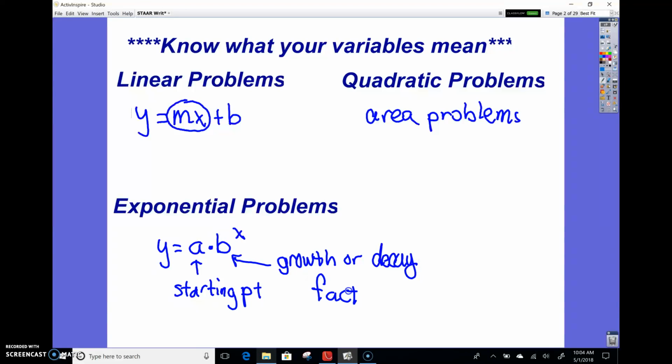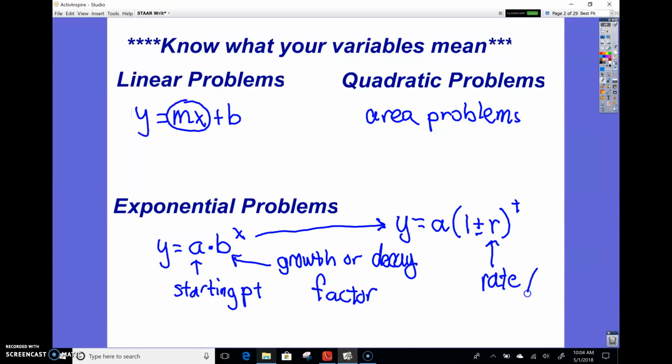Sometimes they might make the problem look like this. This is the rate. Sometimes it's plus, sometimes it's minus. This is your percentage. Make sure you divide by 100.